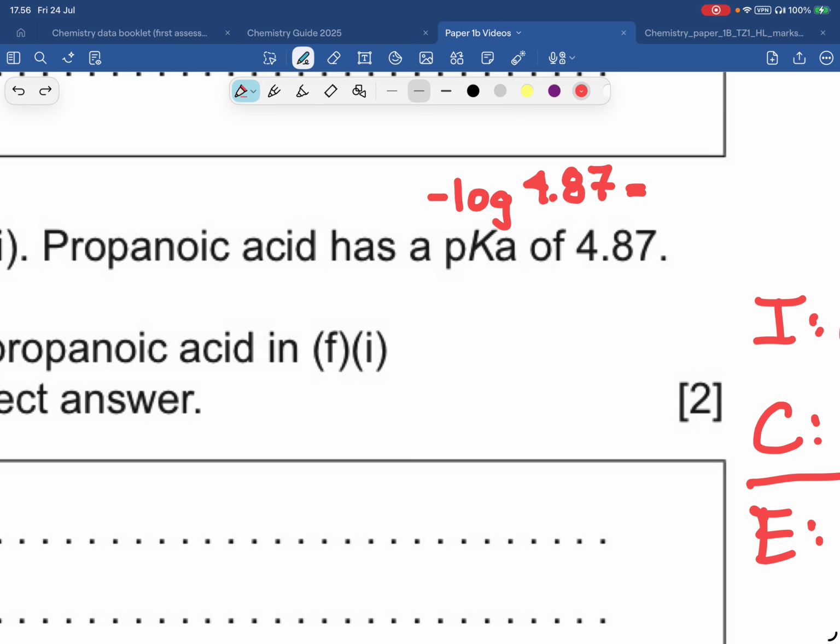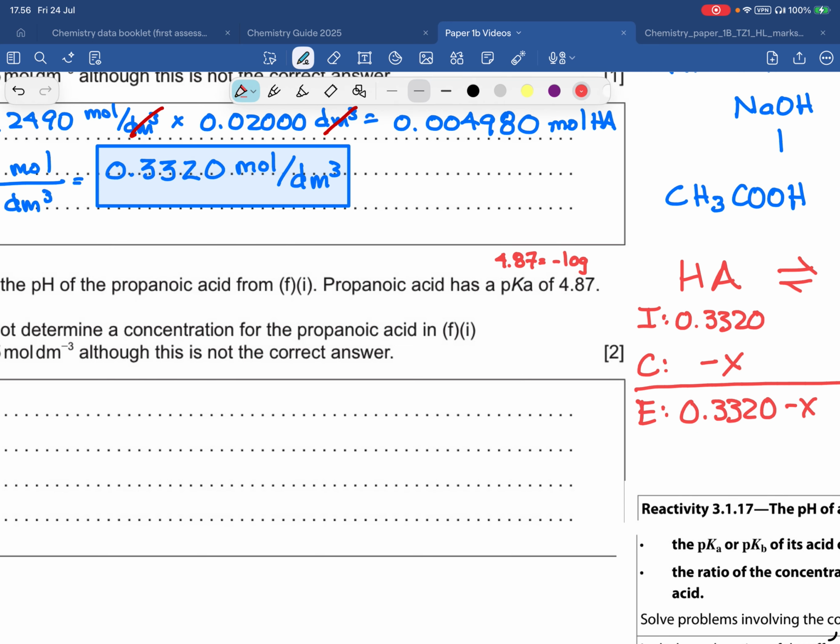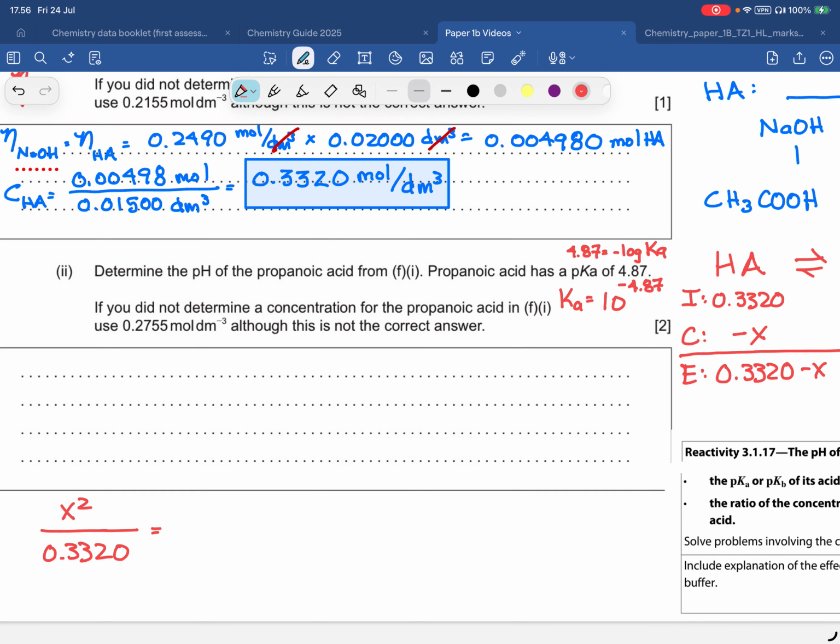Oh, excuse me. Let me back up. I messed that up a little bit. So 4.87, I'm sorry, is equal to the negative log of the Ka. So therefore, to get the Ka, I simply take Ka is equal to 10 raised to the power of negative 4.87.